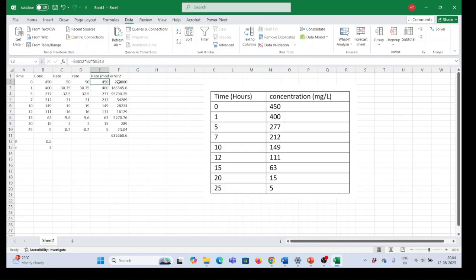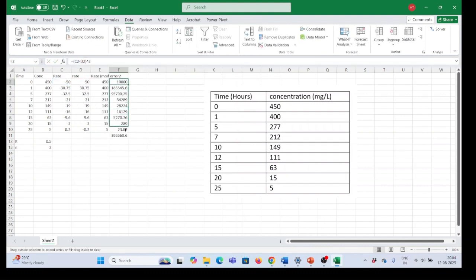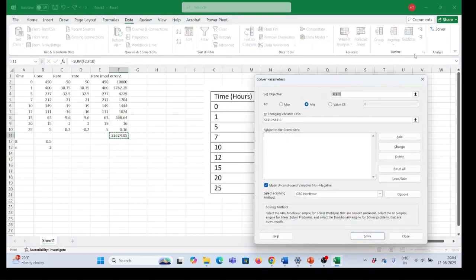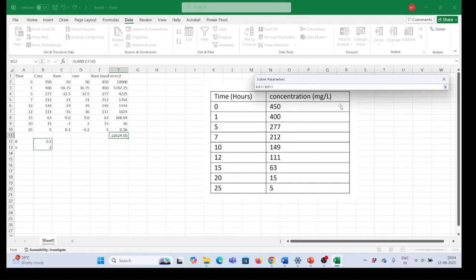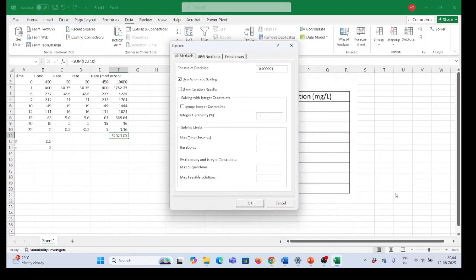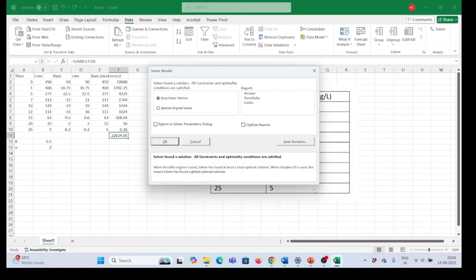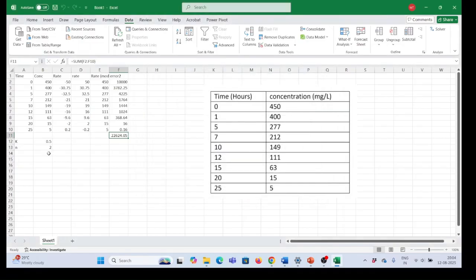Okay, C1 is fine. It has not changed the values. We'll see. Just a second.